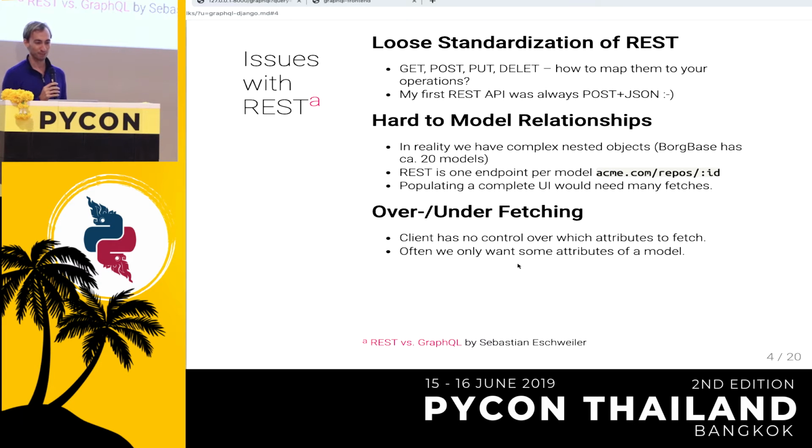Then another problem that Facebook had. Usually you have many models that are connected in some way, and REST doesn't really allow you to model these connections. It's also called a graph. That's where the name comes from. So for example, Borg.com, which is a very simple application, has like 20 or so models in all.